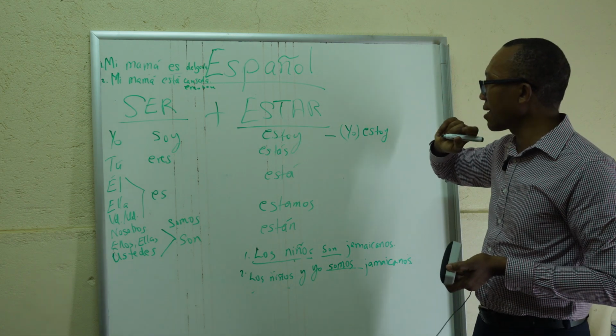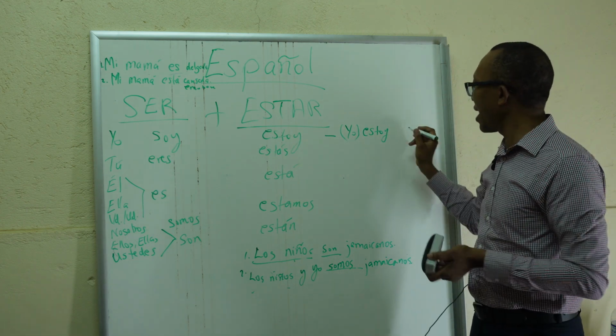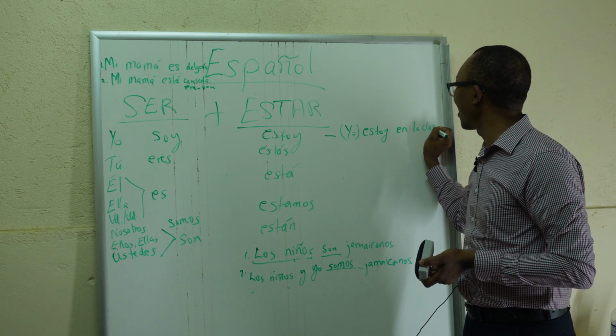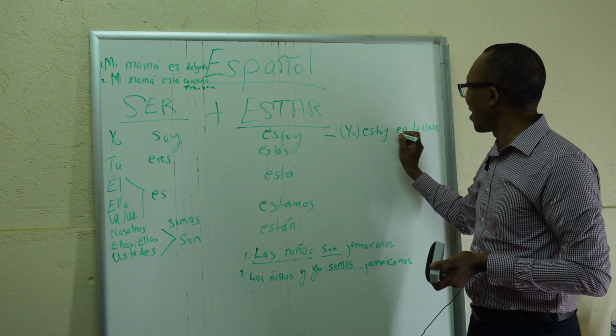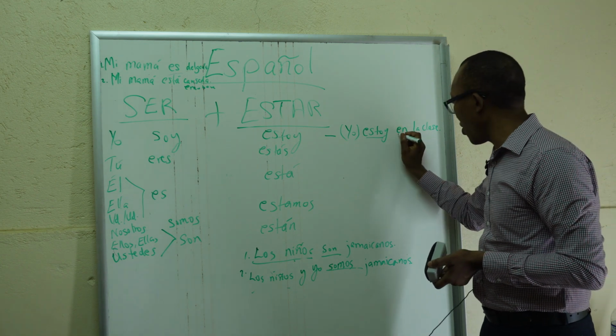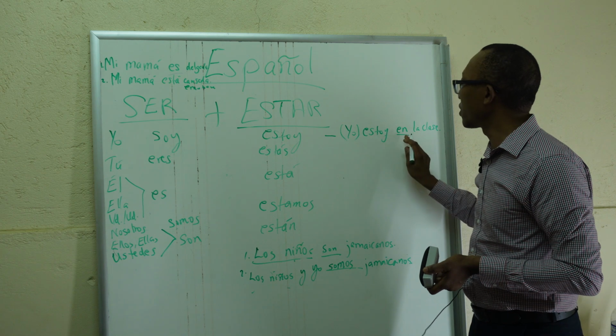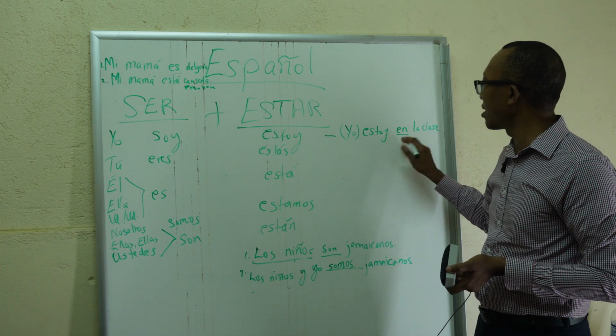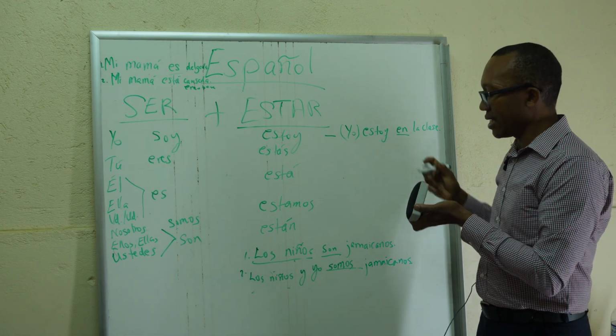But let us say I am in class. So estoy en la clase. So the estoy here, the N here shows position, or location. I'm in class.